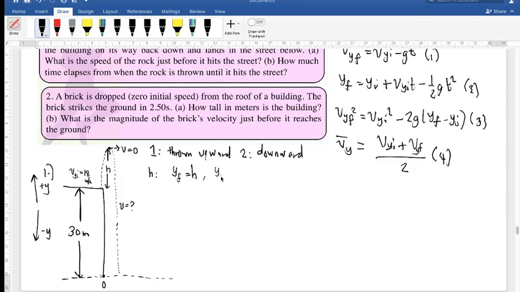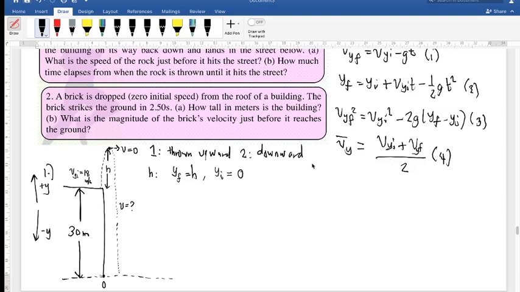Then your yi, what is yi? Can it be 0? Is it 0?